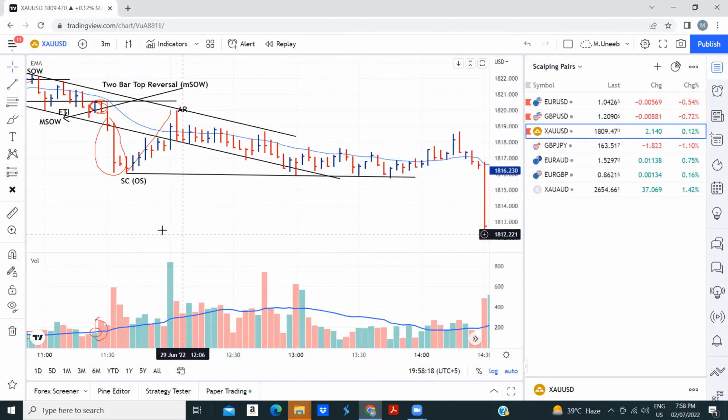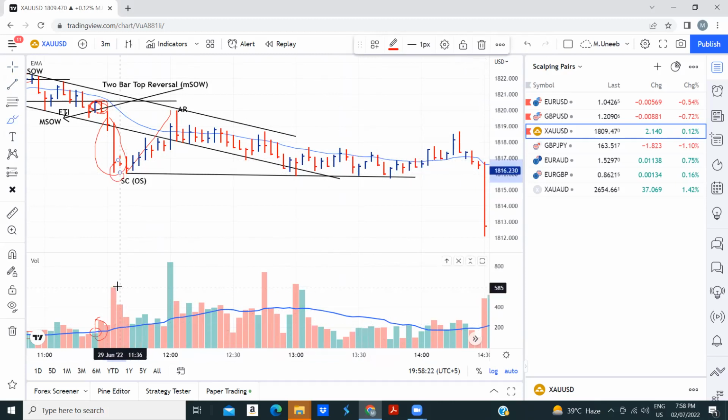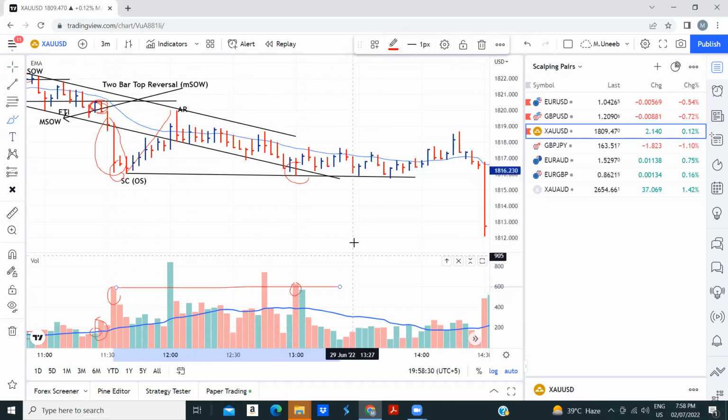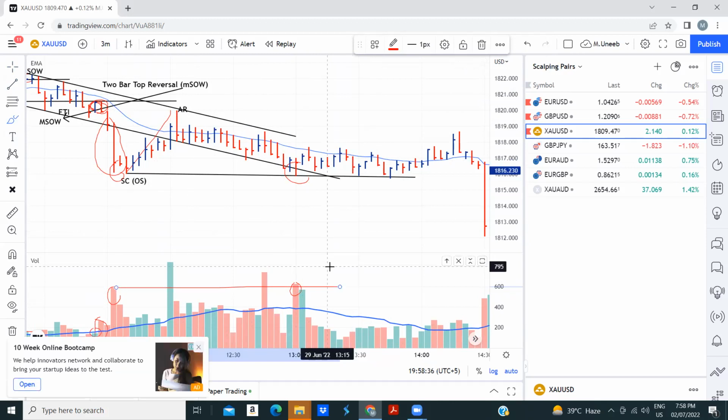Okay. Now what do we see? This one is our volume. Can you see? And the testing volume right over here was this at this point. Now you see which one is larger? Can you see this testing volume? This testing volume, which tested this selling climax line, is larger than the selling climax.